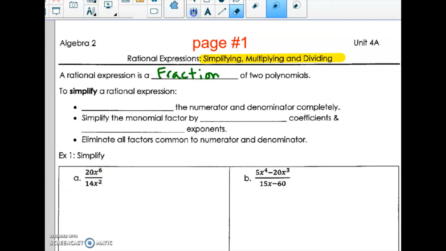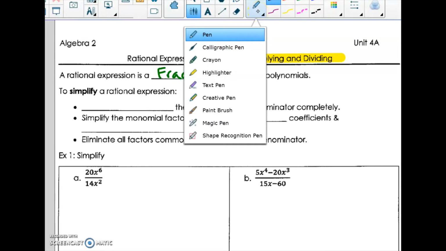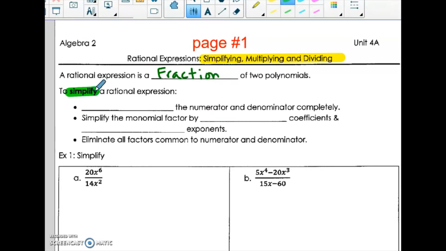To simplify, because that's the first thing we're going to do, to simplify these rational expressions, we factor the numerator and denominator completely, simplify the monomials by dividing the coefficients and subtracting the exponents, and then eliminate, which is the division, all factors common to the numerator and denominator.